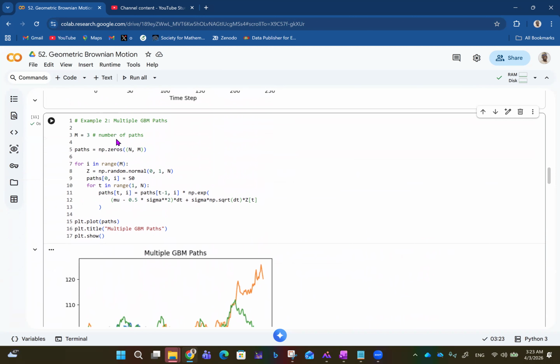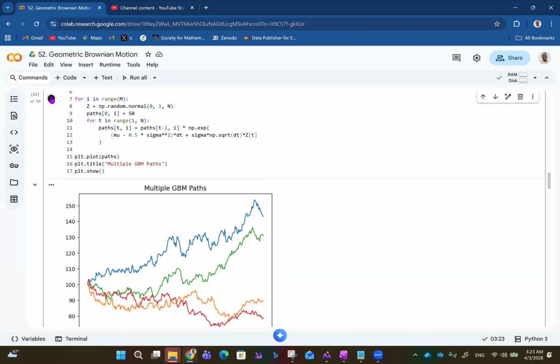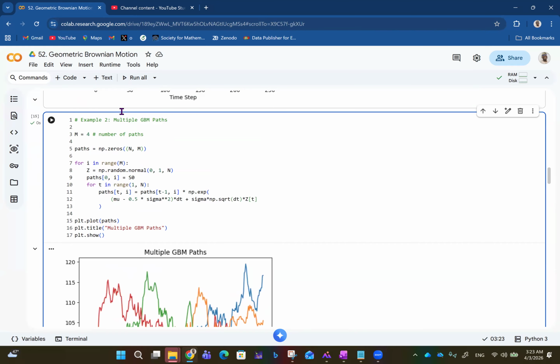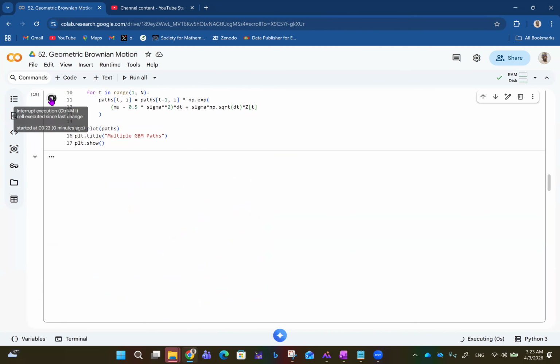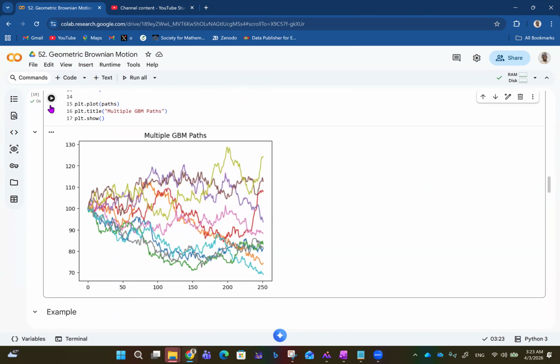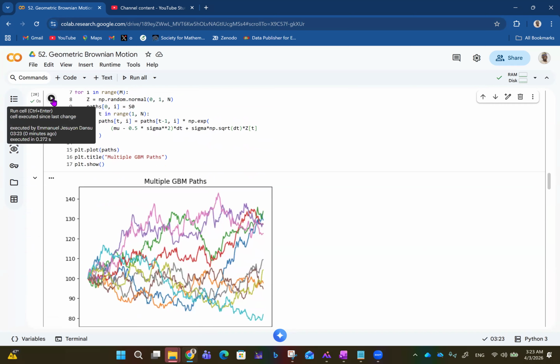So you can go to four now, change it to four. So four paths. You can have four paths like this. Then you can have five paths. And from there, let's jump to 10. Okay. You have 10 paths. So you keep running, it keeps changing.